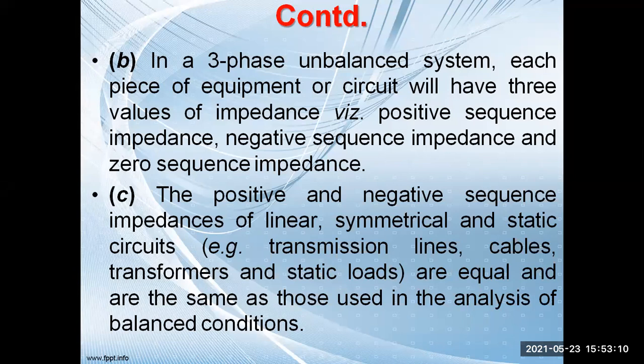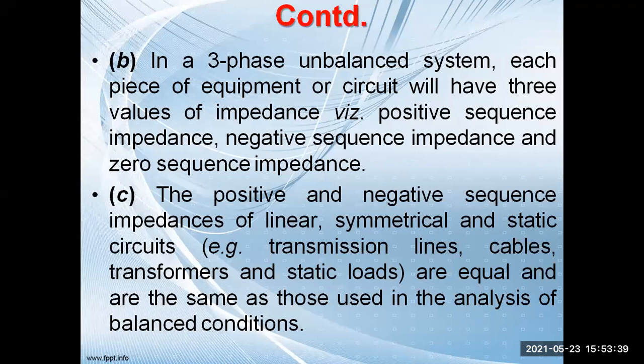The positive and the negative sequence impedances of linear, symmetrical, and static circuits, like let us say the transmission lines, cables, transformers, and static loads, are equal and are the same as those used in the analysis for the balance condition. So we have to understand that positive and negative sequence impedance are equal in case of transmission lines, cables and transformers.